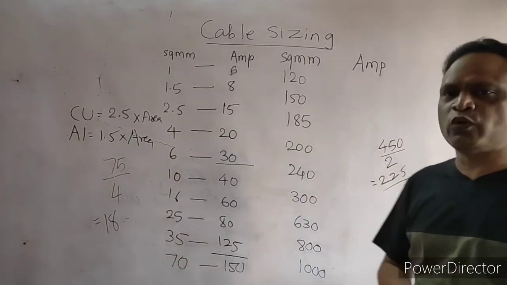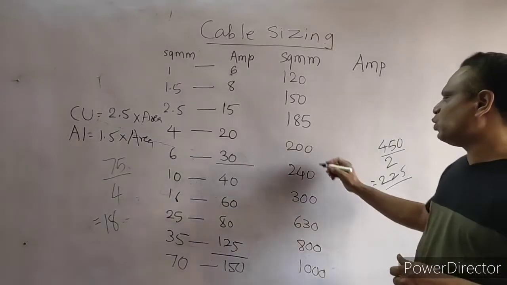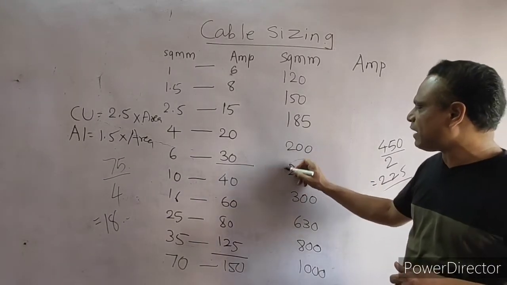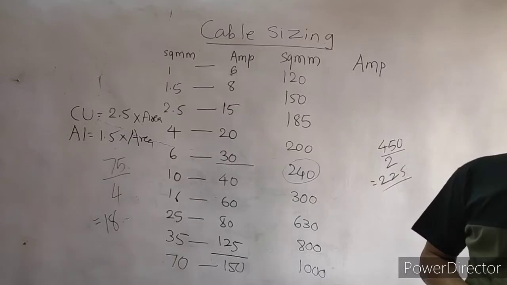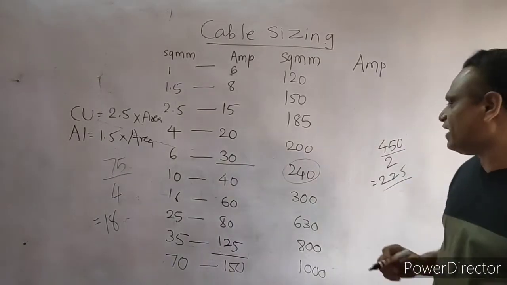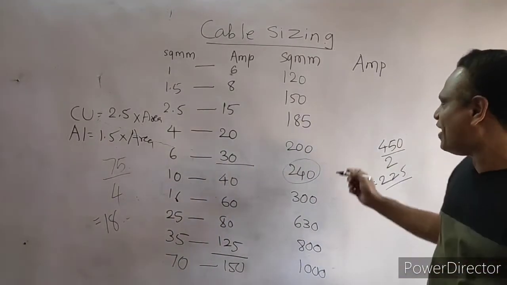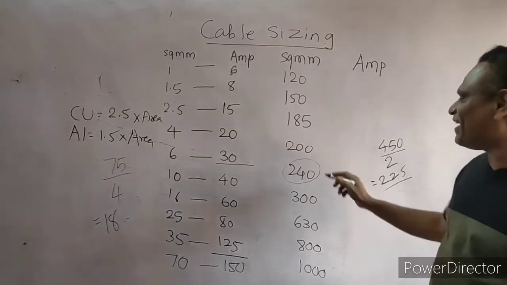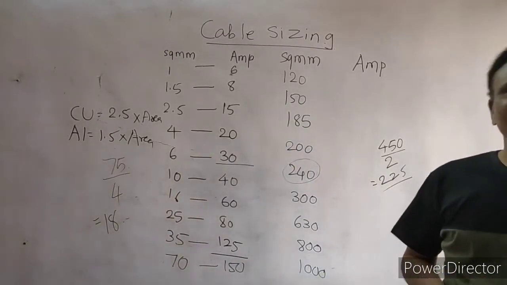My answer comes to be 225 square mm. But a 225 square mm cable is not available, so I will have to use the 240 square mm. Further, if a derating factor of 0.8 is applied, then again we will have to go for the 300 square mm cable.